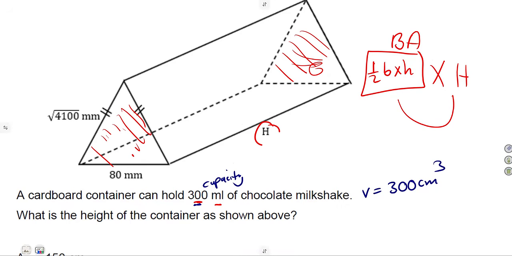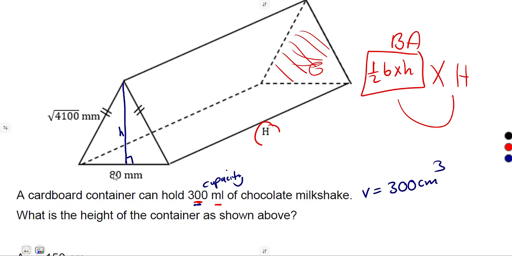So we must use the properties or the information that we are given to find that height because it's not there. We have got the given side, the 80 millimeters, which is our base, and also the square root of this one. Those are the only ones that we are given. So can we determine the perpendicular height of our triangle?